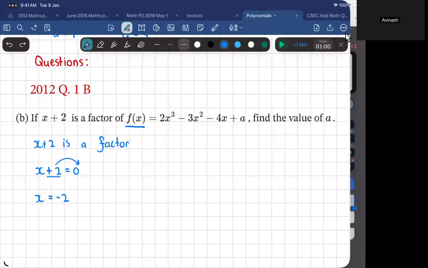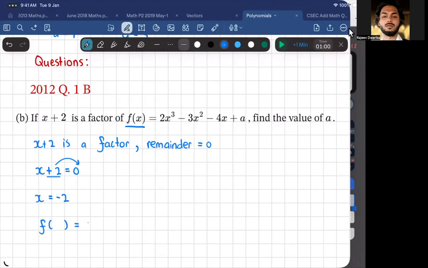It's a factor. So if it's a factor, what does that say about the remainder? It had to be 0. Right? So in other words, f of what would be equal to 0? -2.